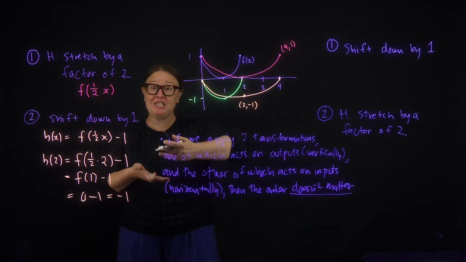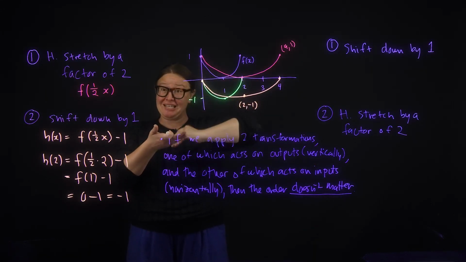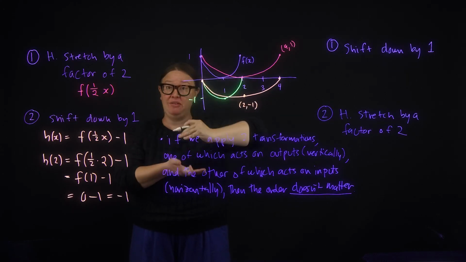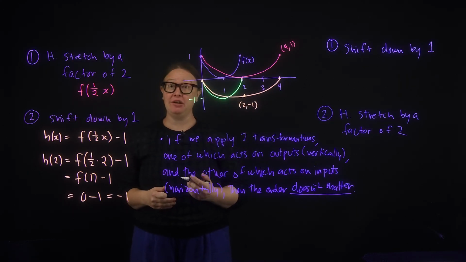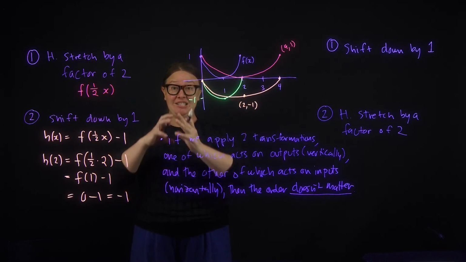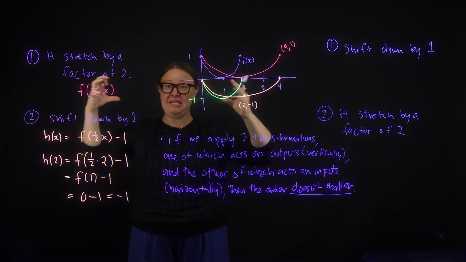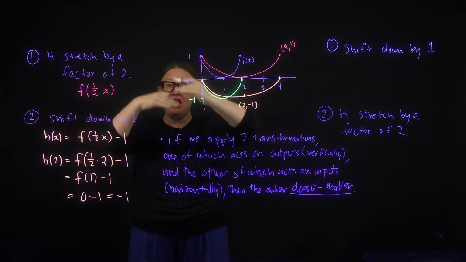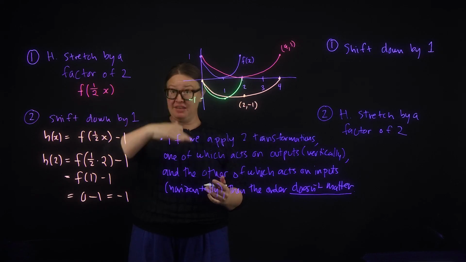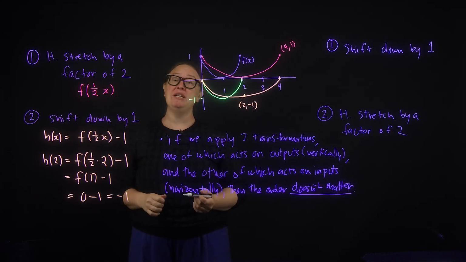In our first case, our reflection was acting on outputs, and so was our shift, and then the order mattered. In this case, one transformation is acting horizontally, and the other is acting vertically or on the outputs, and in this case, the order doesn't matter.